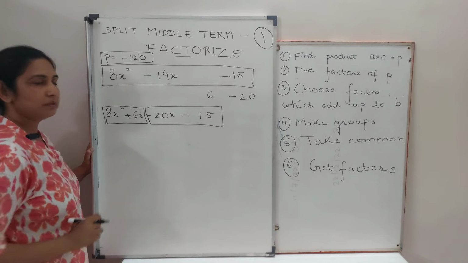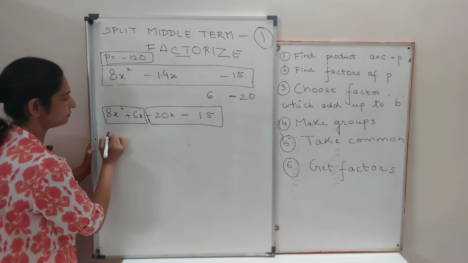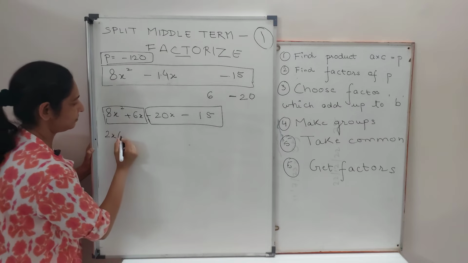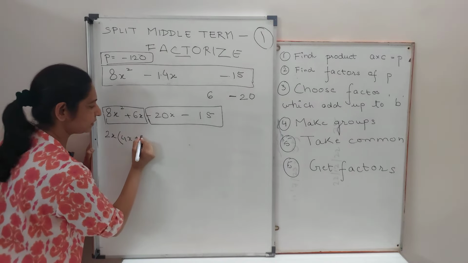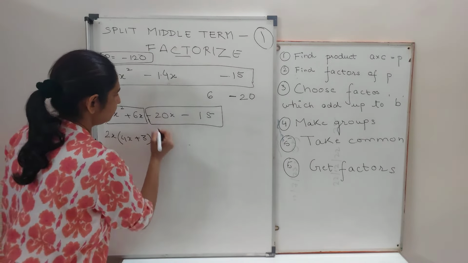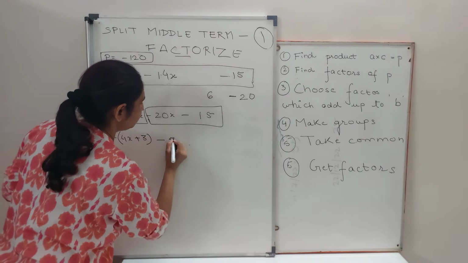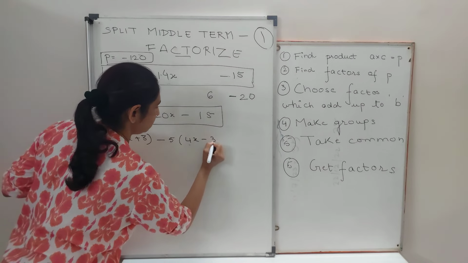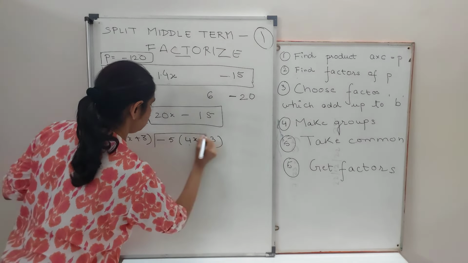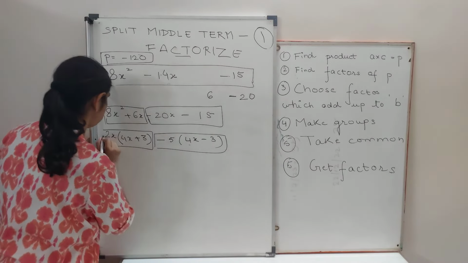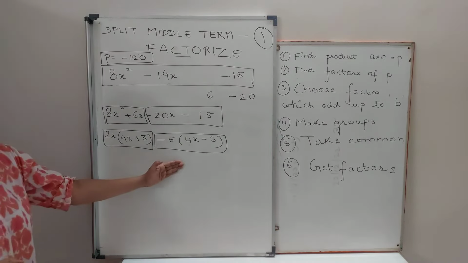What can I take out common from here? 2x. I'm left with 4x plus 3. I'm doing this quickly. I don't want to explain all this. I'm here to explain the method. So here I'll take 5 common. 4x minus 3. This is from the second box. This is from the first box.